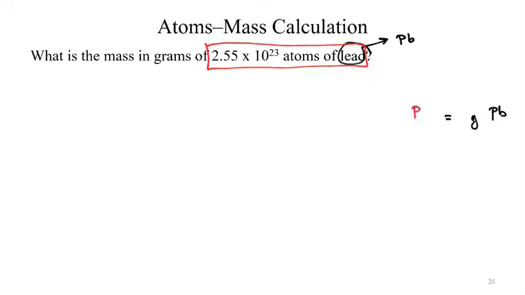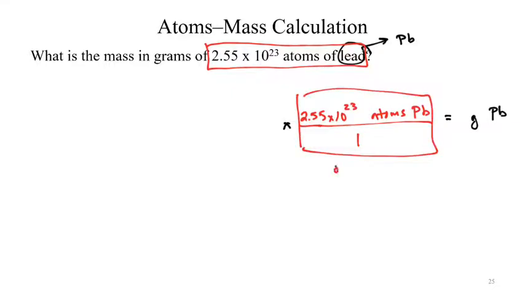So if we write our unit in, I'm placing the lead as a substance in the numerator because as a substance it shows up in the numerator in my answer. This is going to be over 1, 2.55 times 10 to the 23rd atoms of lead. So now I've done step 1 and step 2 of our conversion process. This was again one piece of information in my overall solve. So I've taken that one piece and placed it in.